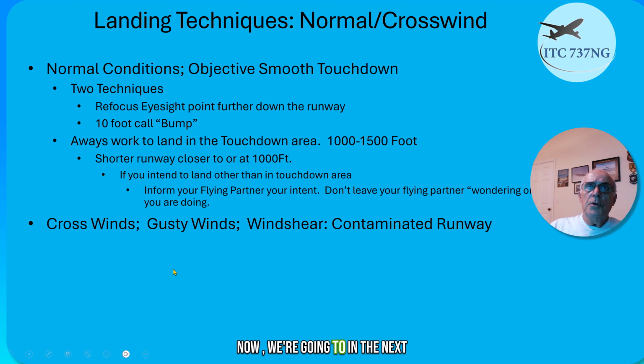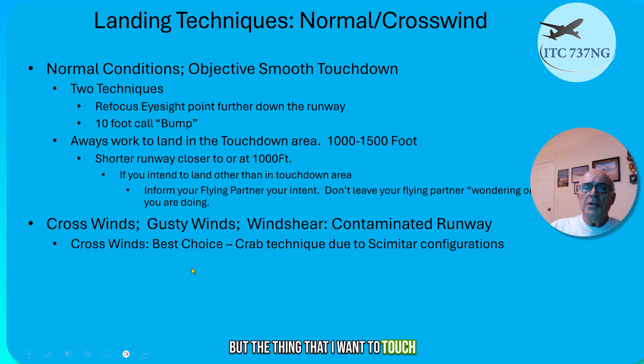Now, in the next section, we're going to talk about crosswind landings. We'll get to gusty landings, wind shear, and contaminated runways in the future. But the thing I want to touch on with crosswind landings: of the two methods available to you, the wing low or the crab, the best choice, in my opinion, is the crab technique, because so many of the 737s flying now have the scimitar configurations.